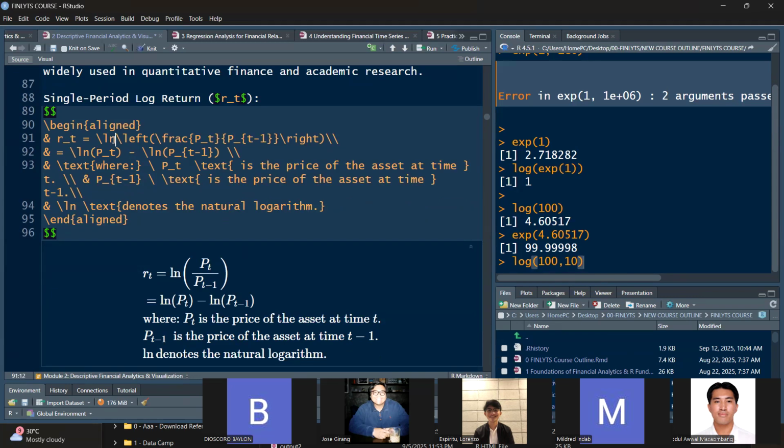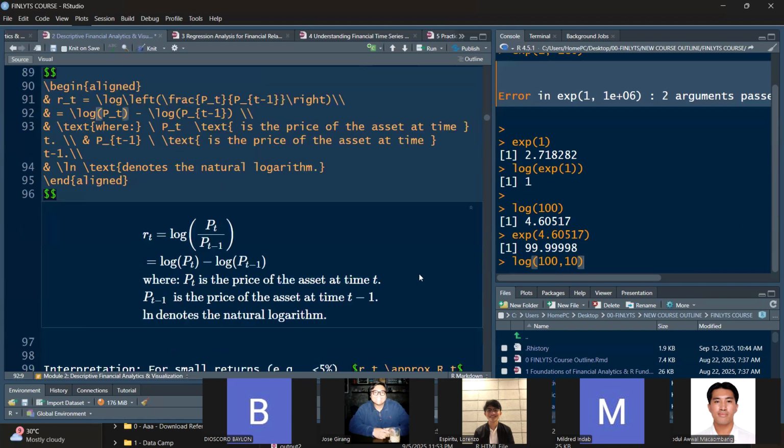Anyway, the context here is that it's log, so in R the base is the natural one. Log of p sub t over p sub t minus 1 is equal to log of p sub t minus log of p sub t minus 1. And p sub t is the price of the asset at time t, and p sub t minus 1 is the price of the asset at time t minus 1.